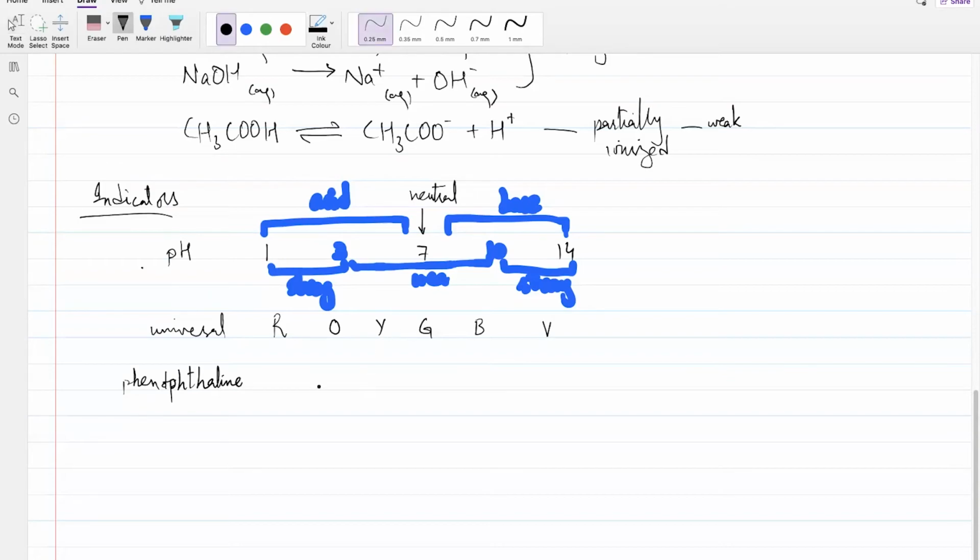So phenolphthalein is colorless in acid and pink in base. Purple भी कह सकते हो आप, pink बोल दो.